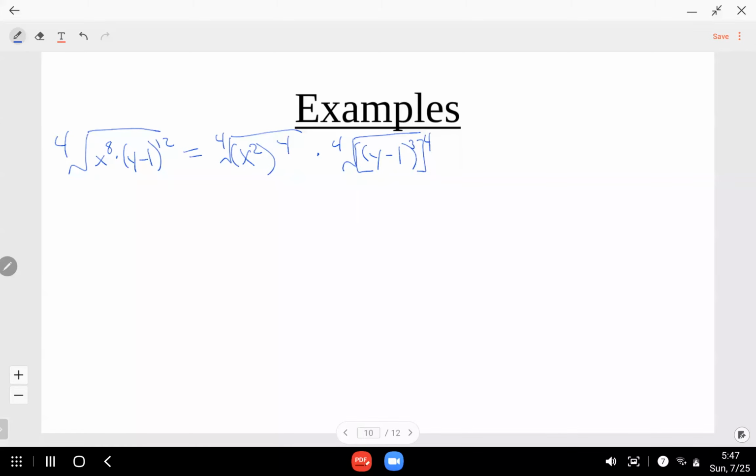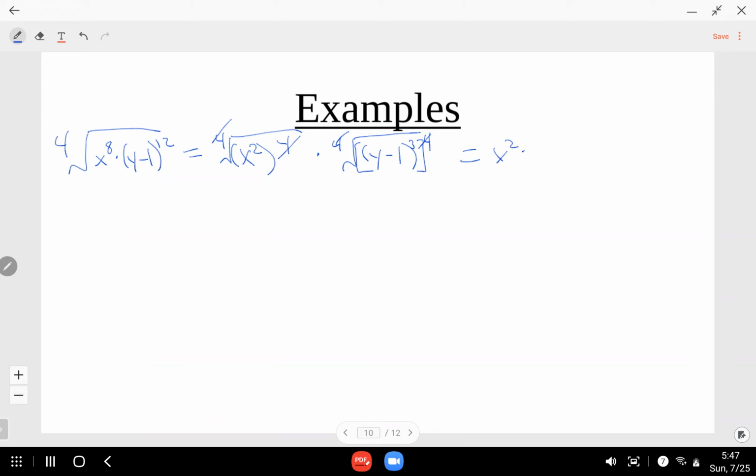Okay, so you see, these cancel out. And then we're stuck with just y minus 1 to the third and x to the second. Now, x to the second, that's just x to the second. We're not subtracting or adding anything, so no absolute value on that.